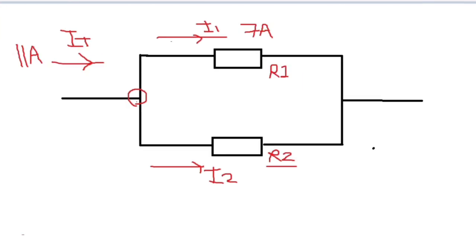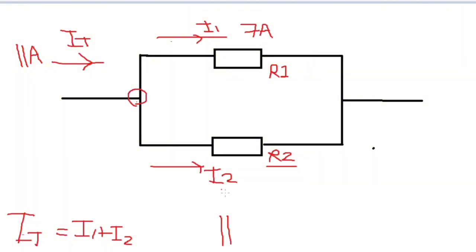So let's start with the basics here. I total would be equal to I1 plus I2 in a parallel circuit, since the current splits. So for example, let's see here. With I total being 11, we have I1 is 7 amps, and we want to find I2.